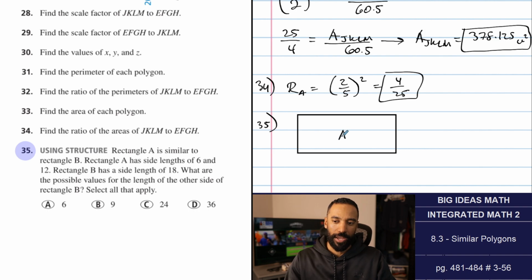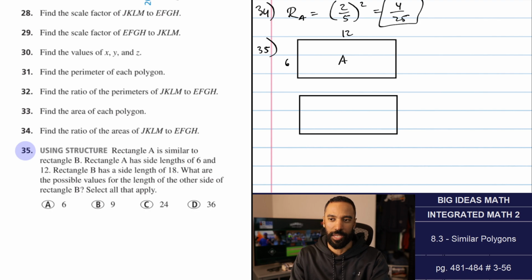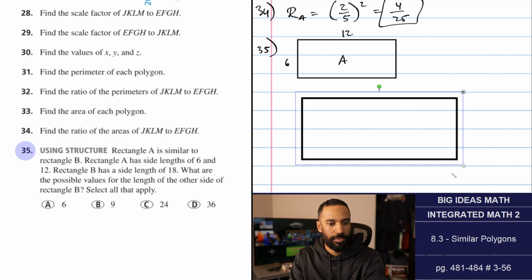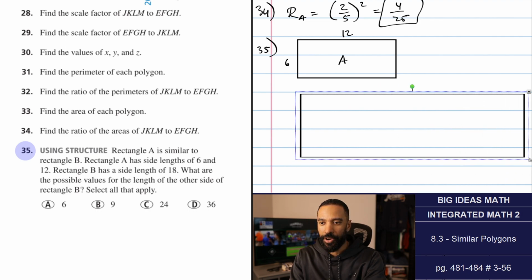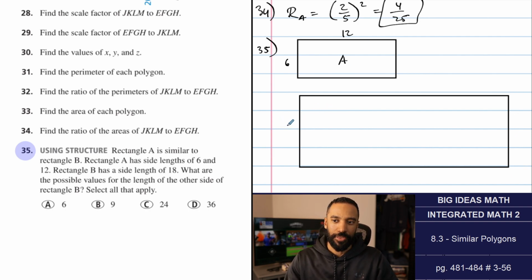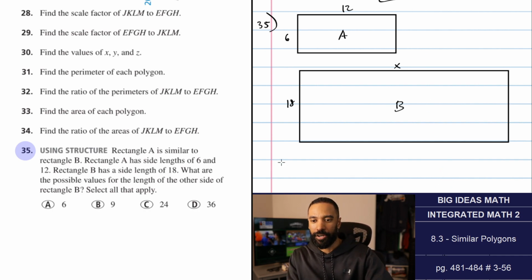So I have rectangle A. Rectangle A looks like this. It's got 6 and 12. I don't know if they say feet or what. Now, rectangle B has kind of two options here. Rectangle B has a side length of 18. So if it was actually similar, either this could be 18 and this is the unknown, or 18 could be the even bigger one right here.